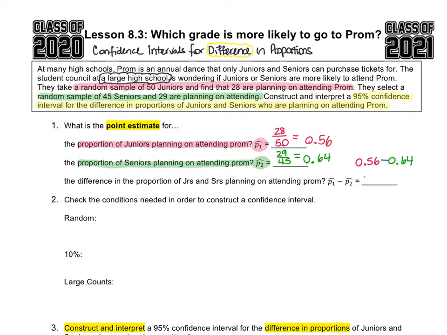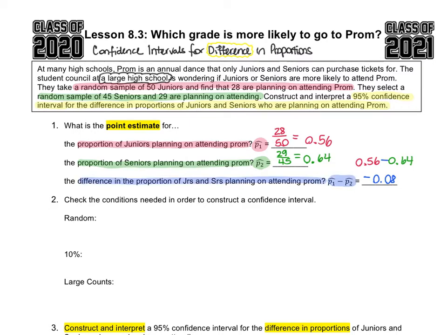And that is a difference of negative 0.08. So far, just based on our sample proportions, we do have an indication that a smaller proportion of juniors seem to plan to attend prom when compared with the proportion of seniors planning on attending prom.